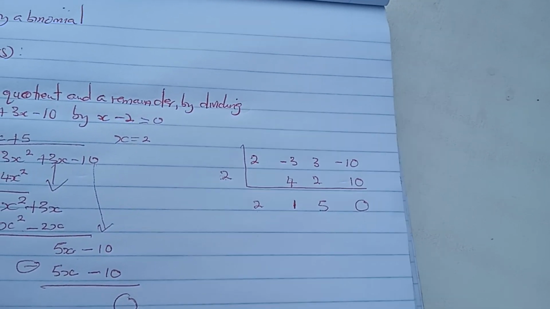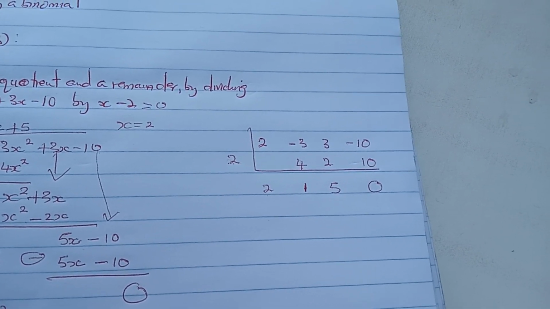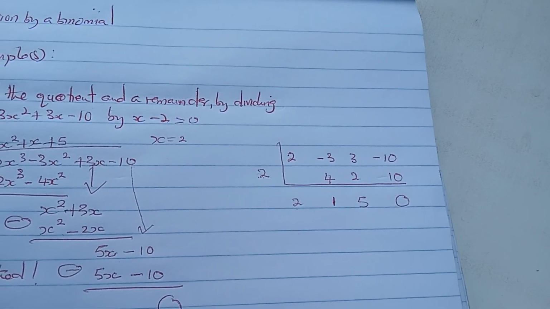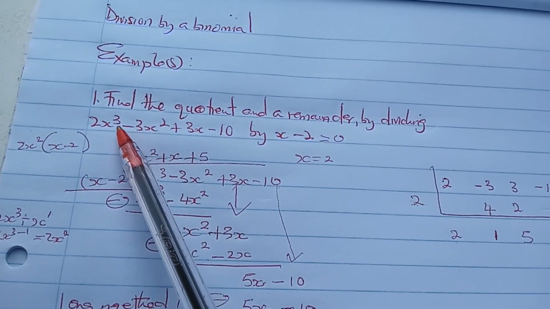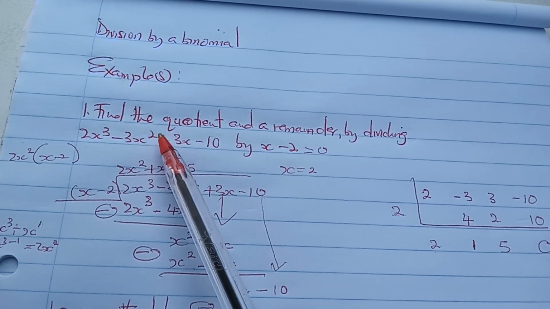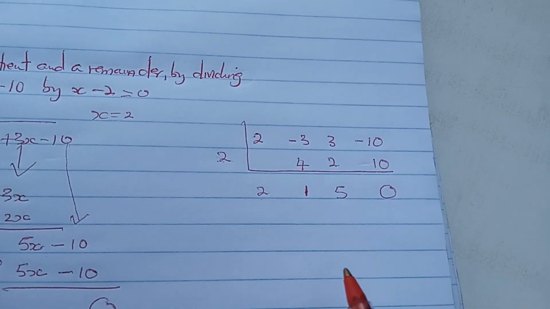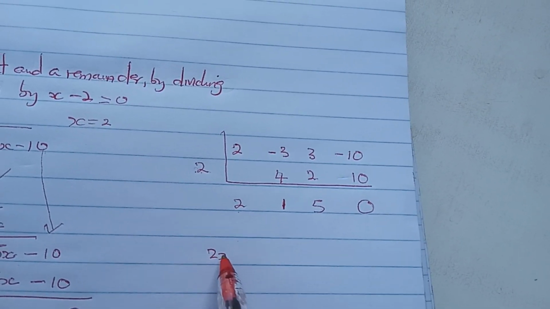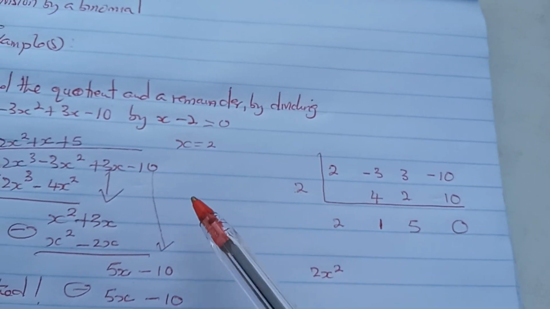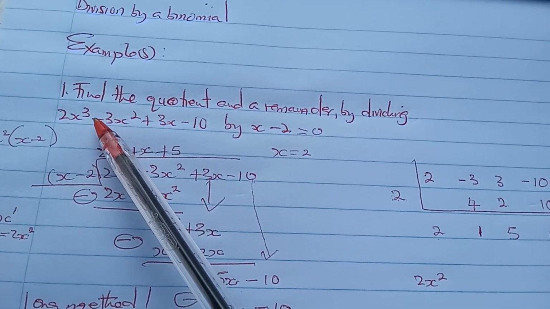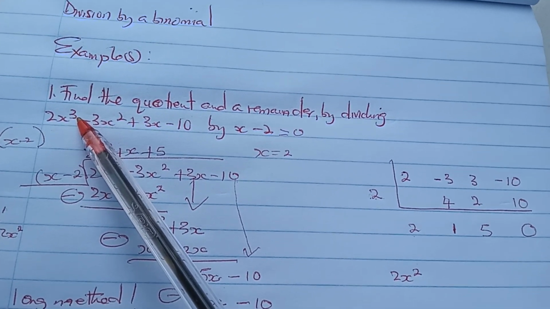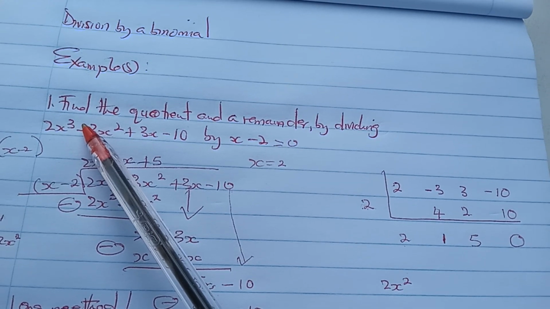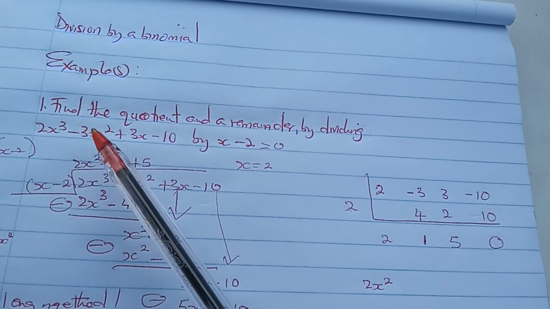Now when we are done, we put in the variables. The indices must be 1 less than the original. So for the first one, we are going to say 2x to the power of 2. Why? Because here the power was 3, and this 3 is reduced to 2.